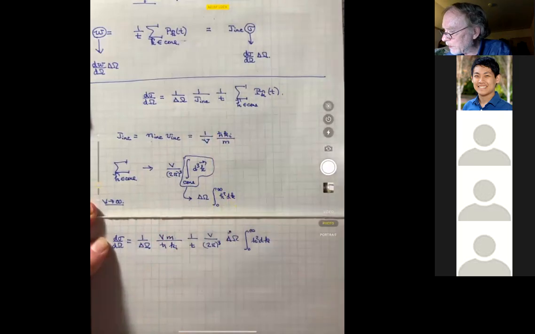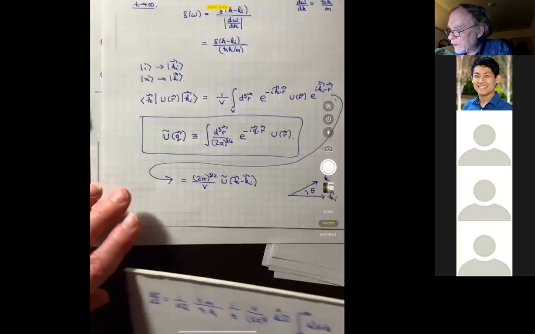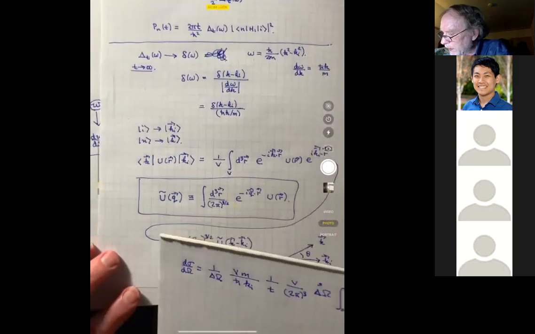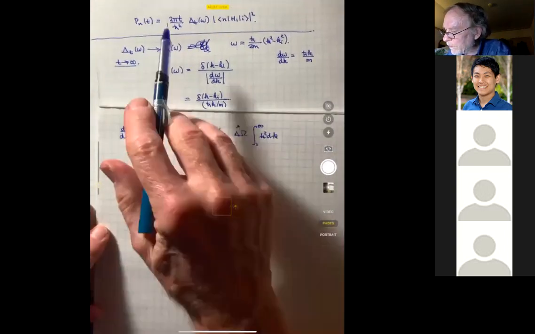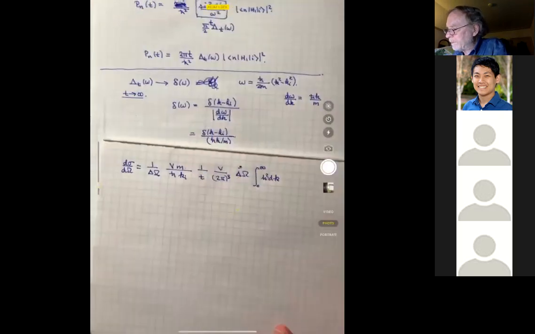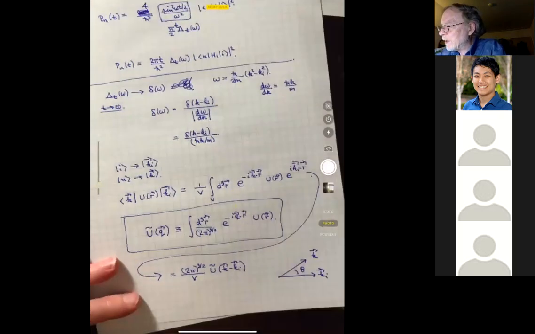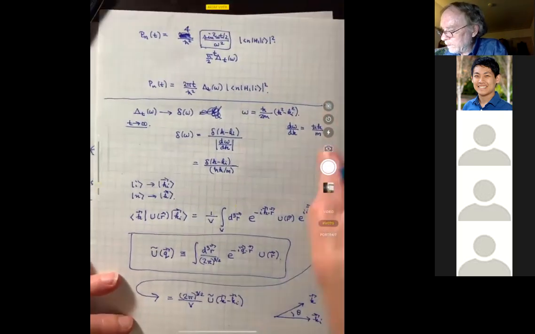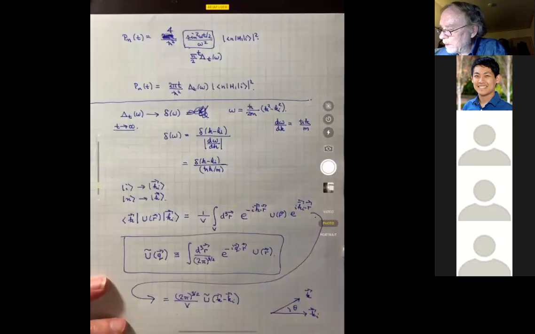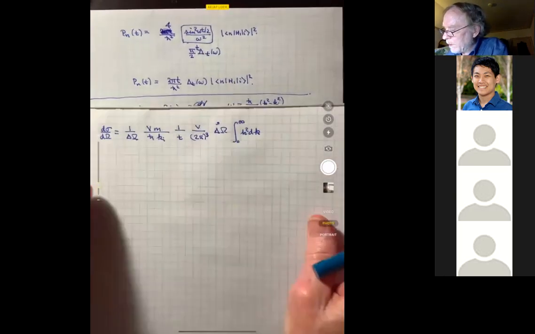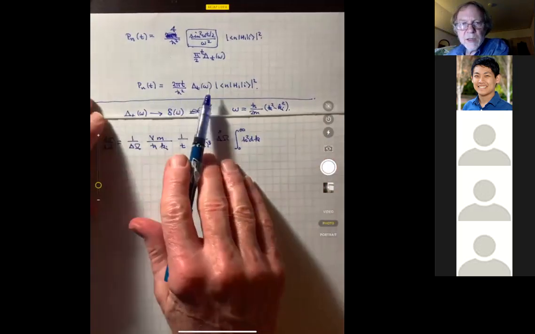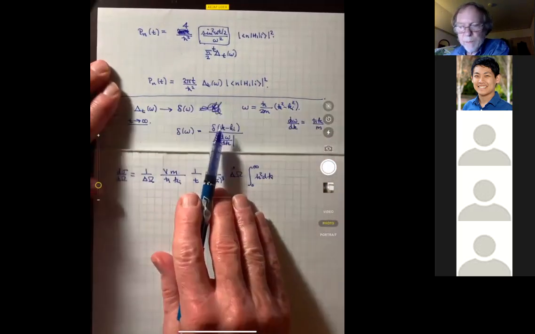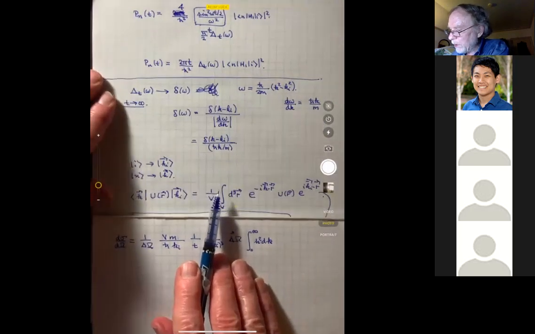So switching over to the next page here, P_k of t turned into a translation from the general notation into our specific problem, which is outlined down below.